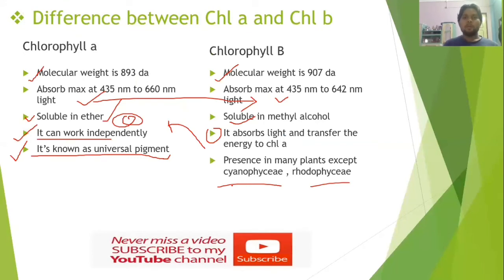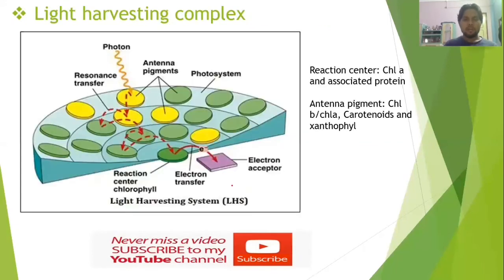So we have completed chlorophyll. Now we are going to the light harvesting complex. What does it mean? We have seen the chlorophyll structure, that chlorophyll is absorbing the light.